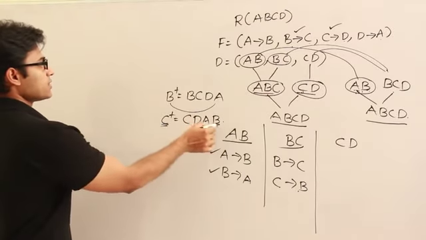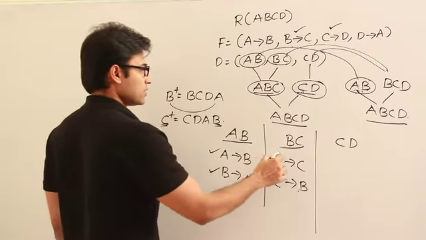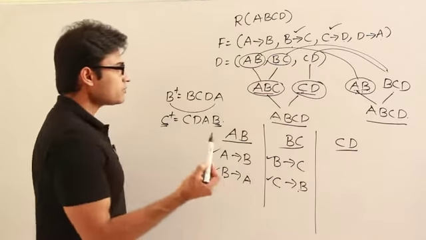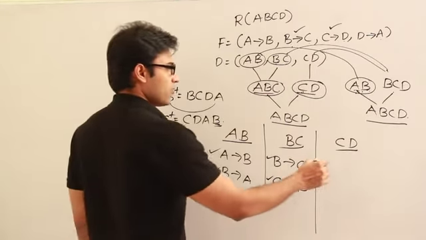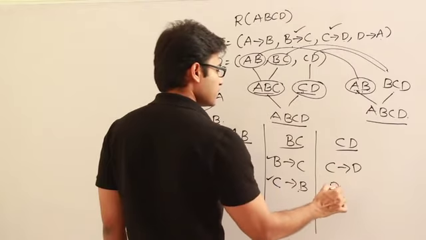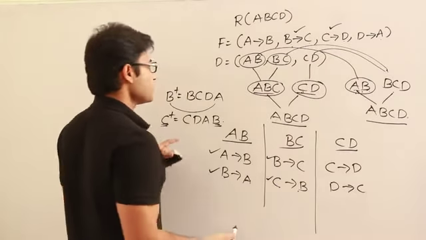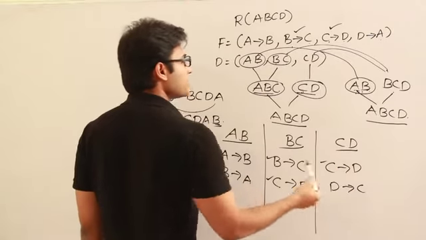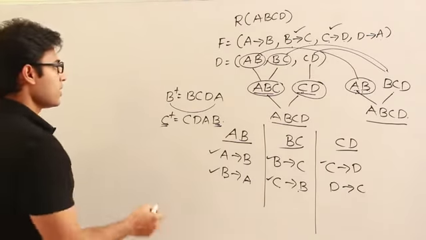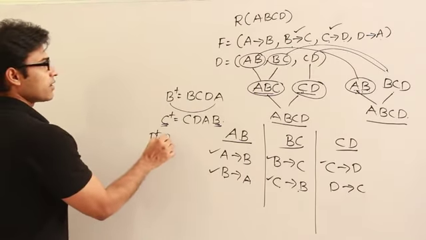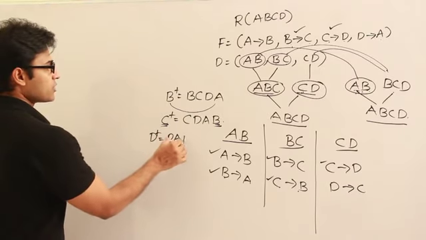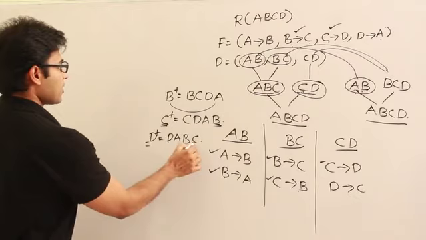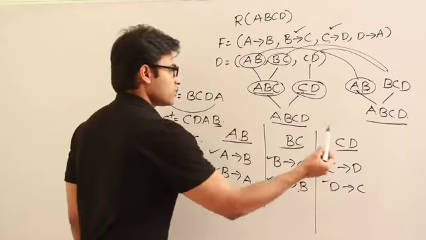Therefore C plus is containing B. So this is also possible, right? And on CD, what are the functional dependencies we have? One is C determines D, and the other is D determines C, right? And C determines D is clearly there, right? Therefore it is possible. And what about this one, D determines C? It is not there, but if you find out D plus, we get A because of DA, B because of AB, and C because of BC, right? So what can we say? D plus is containing C, therefore it is also there.